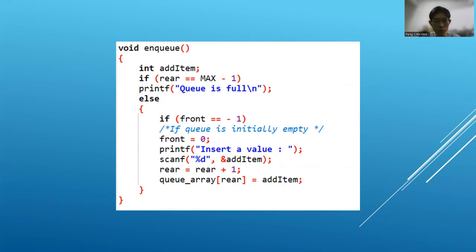Else, if front is equal to -1, which means the queue is initially empty, front is set equal to 0, the program will ask the user to insert the value into add item, and rear is equal to rear plus 1, and the data stored inside the add item will be assigned to queue array rear.